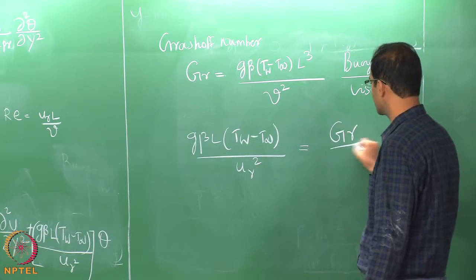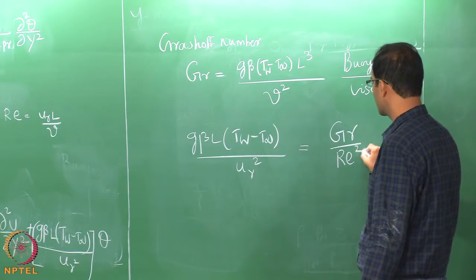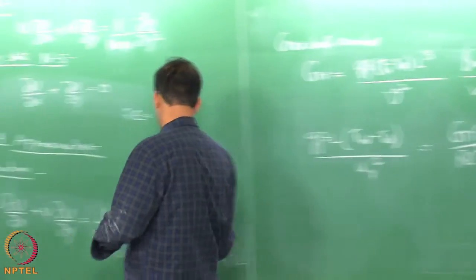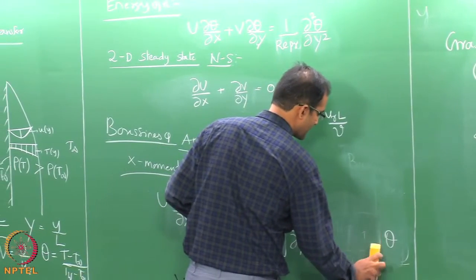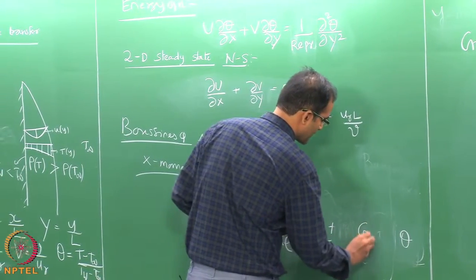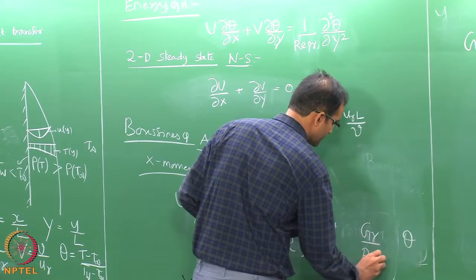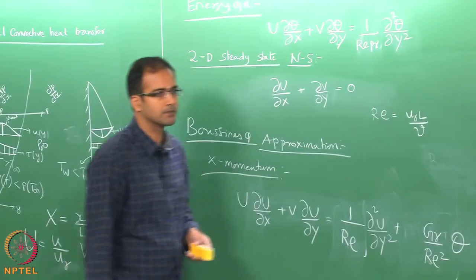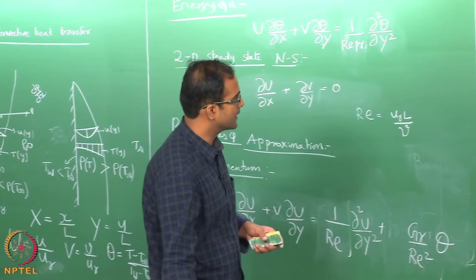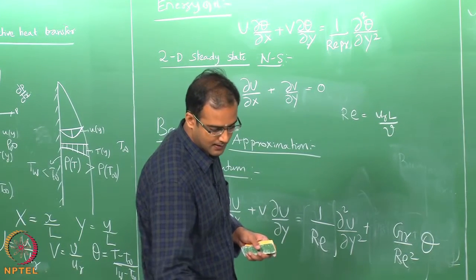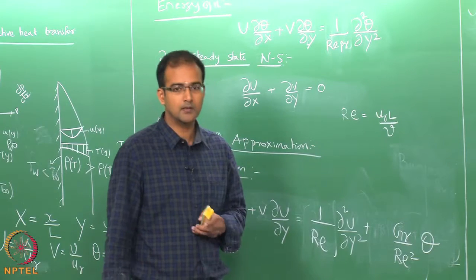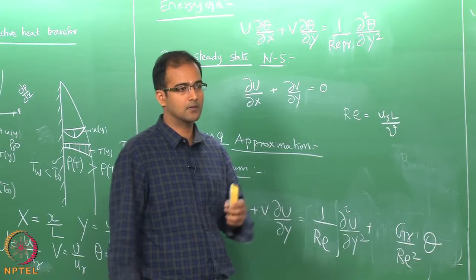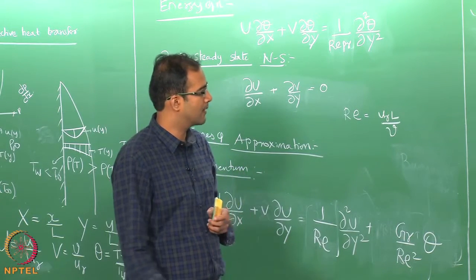It turns out that this is nothing but Grashof by Reynolds number square. So, this entire non-dimensional group is the ratio of Grashof to Reynolds number square. In the process we have defined a new non-dimensional number very relevant to natural convection, the Grashof number, the ratio of buoyancy to viscous force, analogous to the Reynolds number.